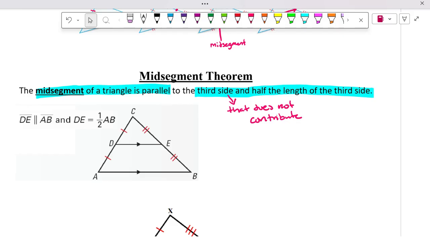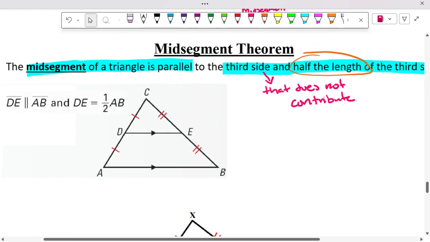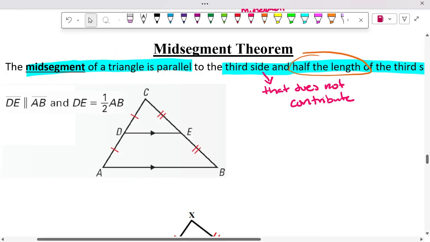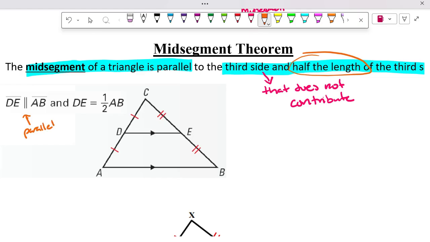All right, so now the way that they connect is that not only are they parallel, it's half the length of that other side. So, for example, they're saying that DE is parallel to AB. This is the mathematics symbol for parallel. This is also the mathematics symbol for parallel as well if it's on the shape.